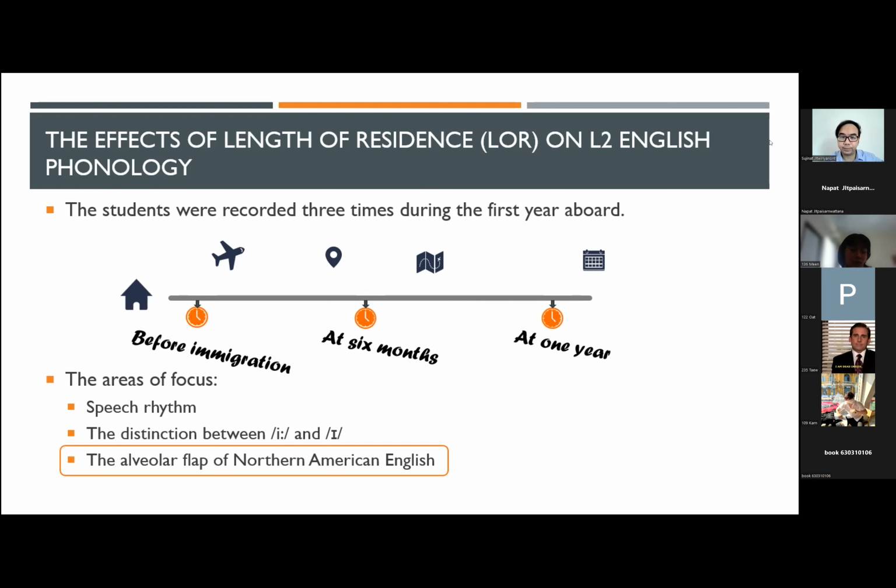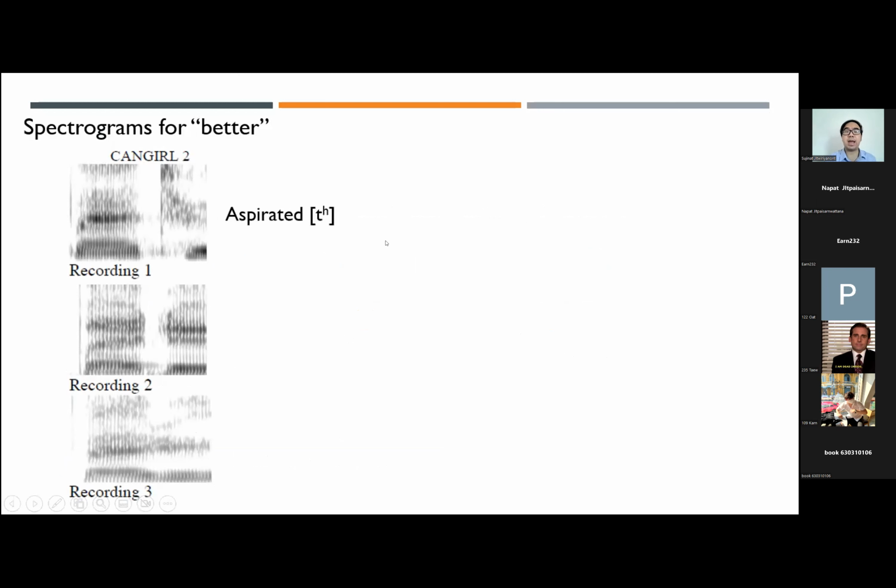For the first sound spectrogram, you will see that the speaker pronounces it with an aspirated t, like in "better." For the second one, you will see that the aspiration is deleted, so it is a closed, unaspirated t, "better."